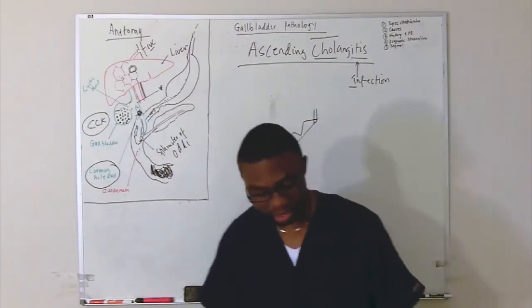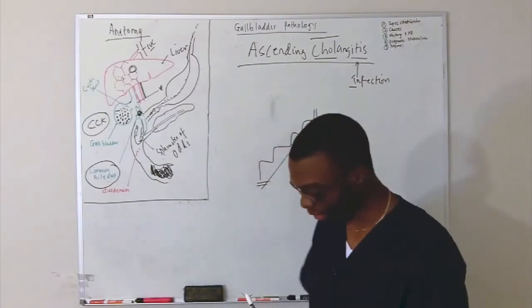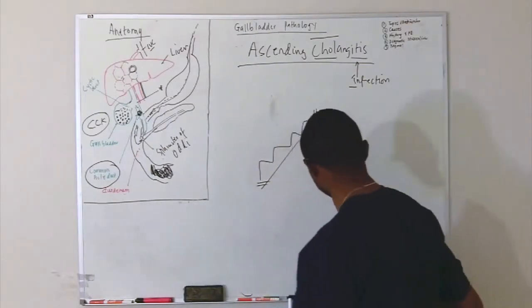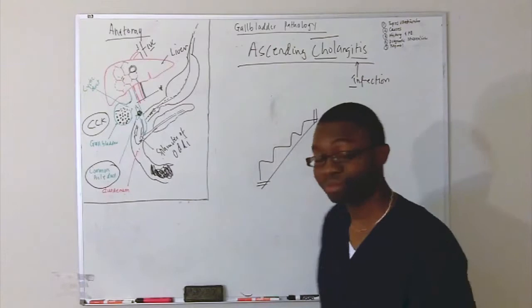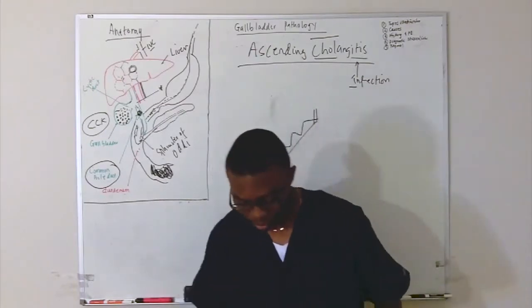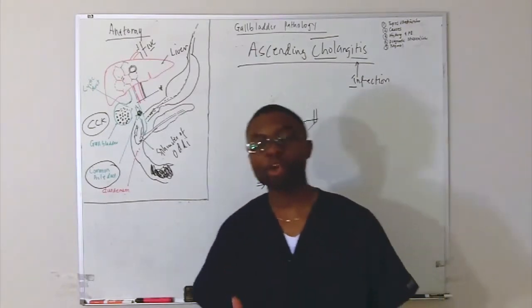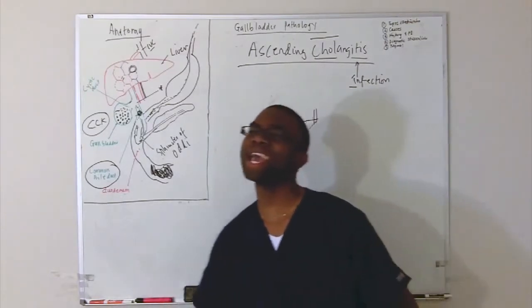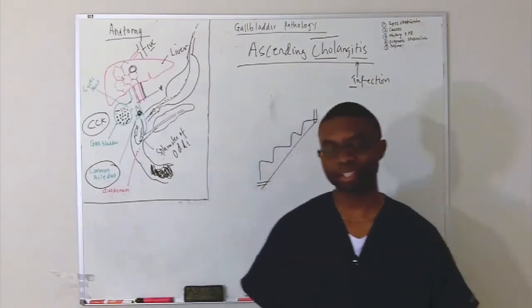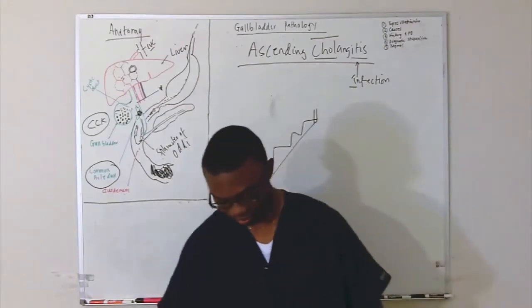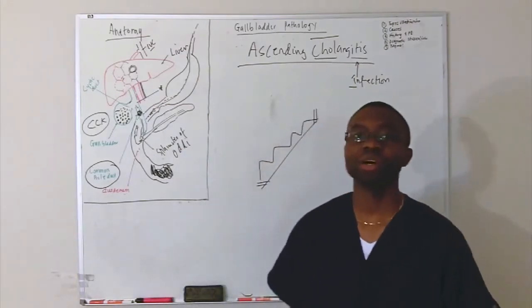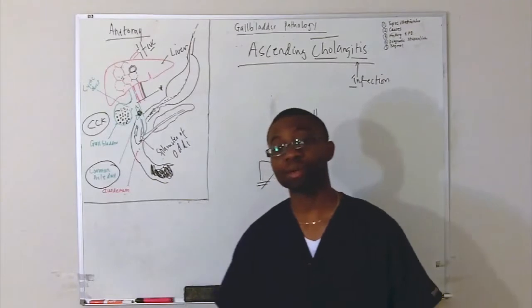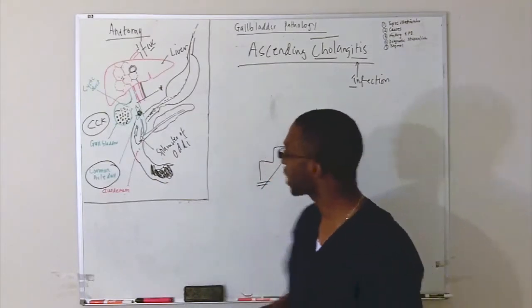What do you think is causing it? Bacterial overgrowth. Now let's talk about the guys that are actually playing a role in this. And I love this story. So one day, E. coli, Klebsiella, Proteus, Pseudomonas, enterococci, they were just hanging out.